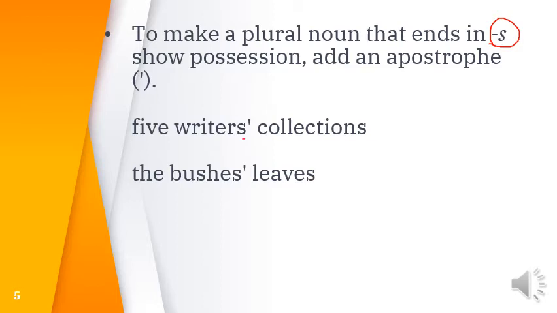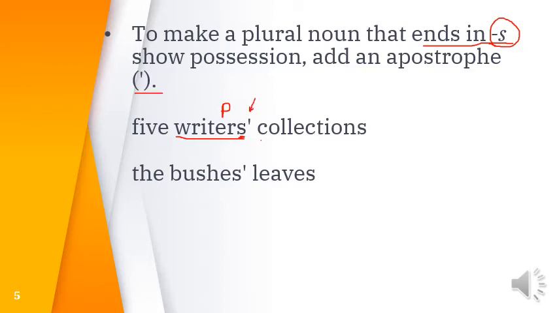I have here this word writers. Is this S a plural S or a part of the word? I have writer and writers, so this is the plural. If I have a plural S, what do I add? I go to this subrule, I add only an apostrophe.